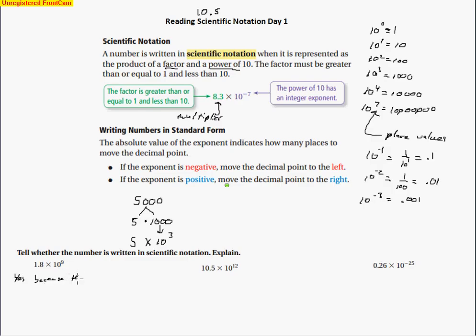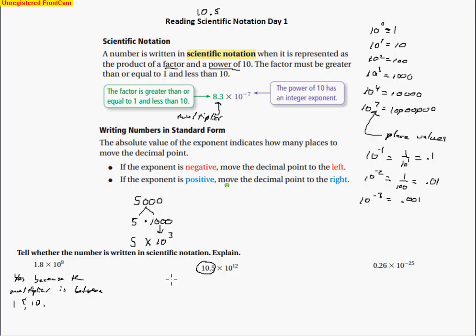because the multiplier, and again, they're calling it the factor, but I'm going to call it the multiplier because it's being multiplied by this power of 10, the multiplier is between 1 and 10. On this one, this is not in scientific notation. If you look at this multiplier here, that is 10.5, which is 10 or bigger.